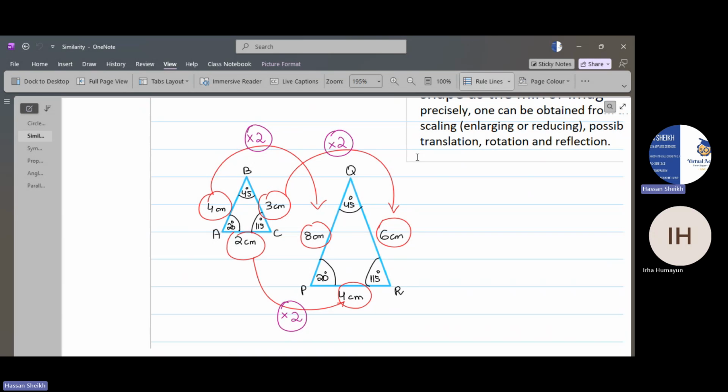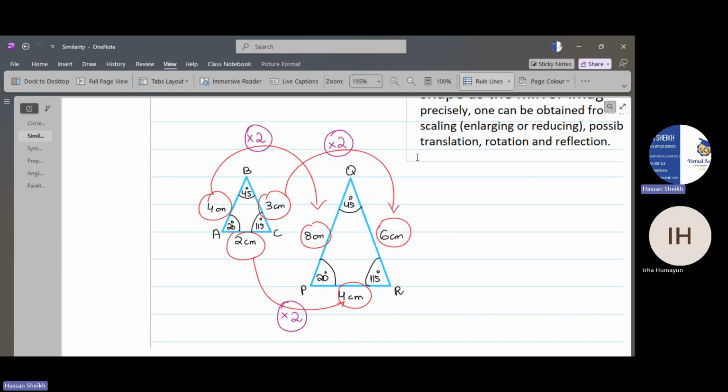Check out the angles of triangle ABC and triangle PQR. Do you agree that all three angles are equal? Yes, sir. But does the length of the sides vary? Yes. Does it vary in a certain ratio?